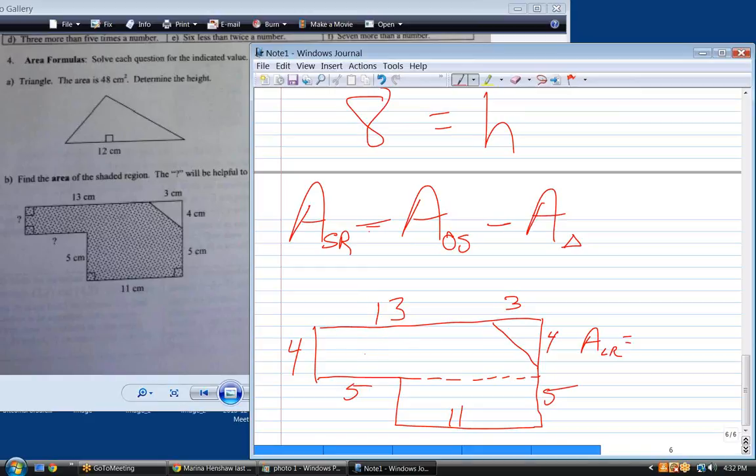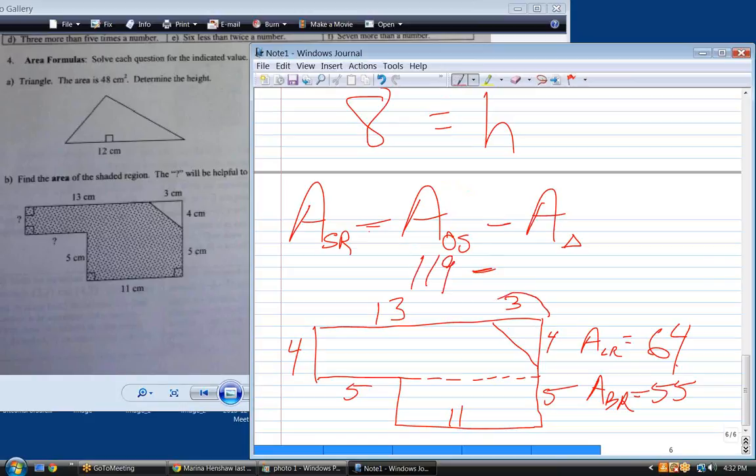In other words, I'm talking about this whole rectangle. Oh, 64. Okay. What's the area of this lower rectangle? 55. What is the area of the outside? This is what I call the whole thing. 119.